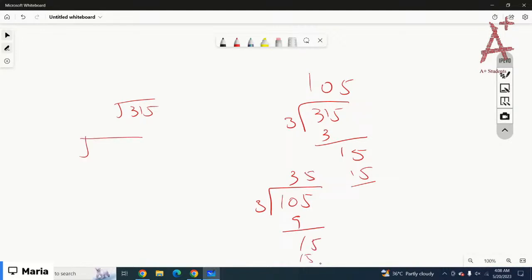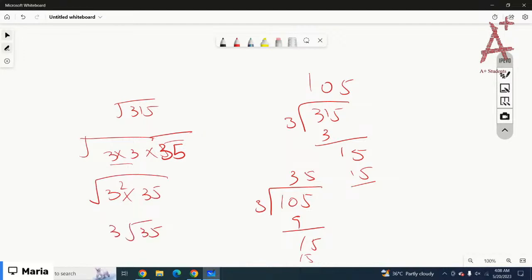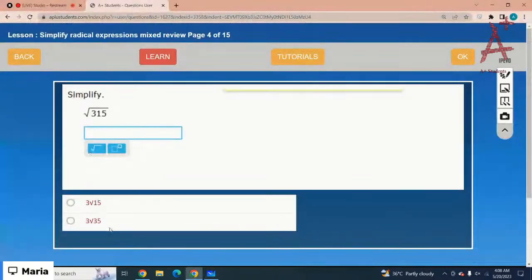So it would be 3 times 3 times 35. You can write it as 3 square times 35. You can write as 3 square root 35. Correct option is 3 square root 35. The option number 2 is the correct option.